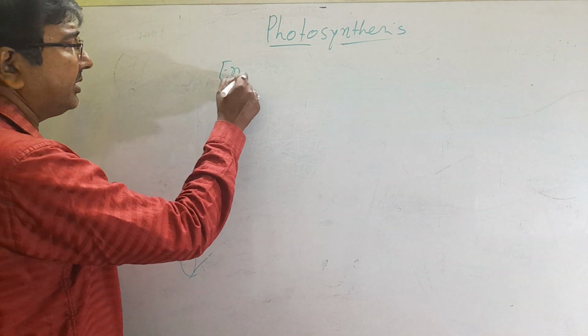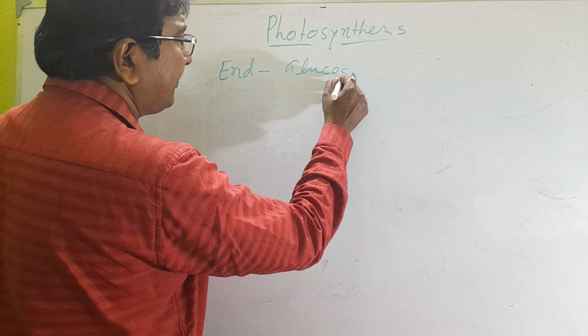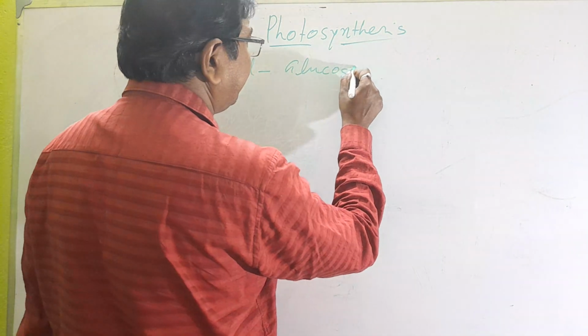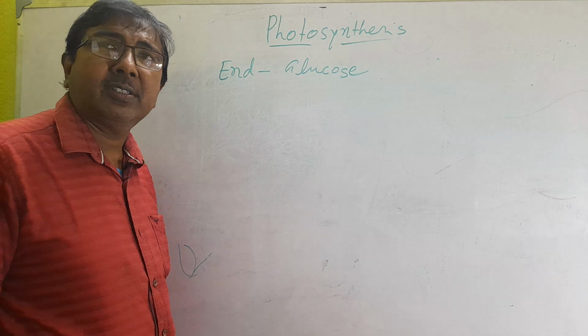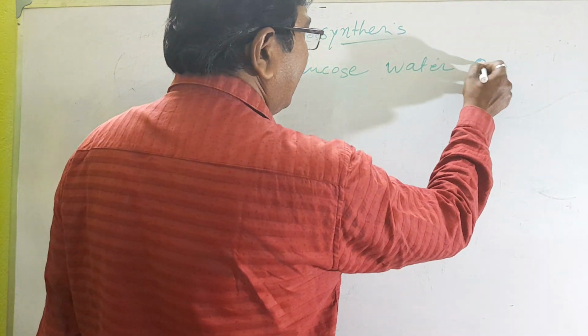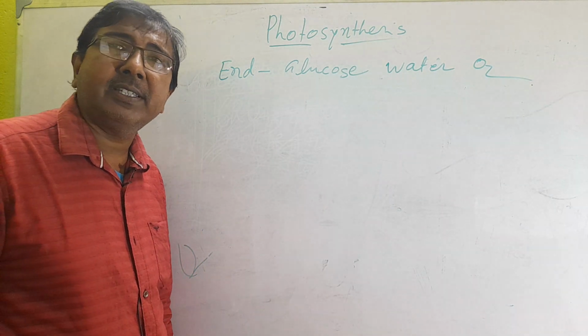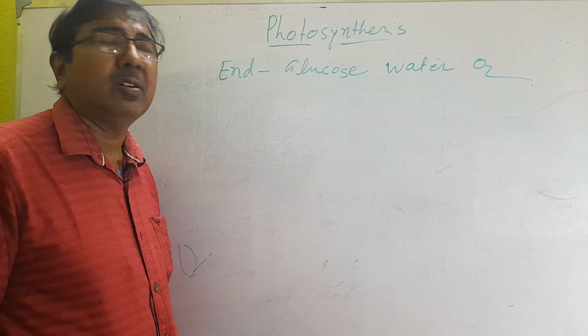Then what are the end products of photosynthesis? The end products are glucose, water and oxygen.